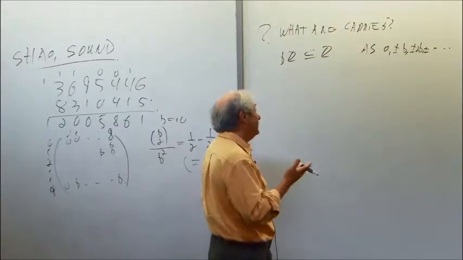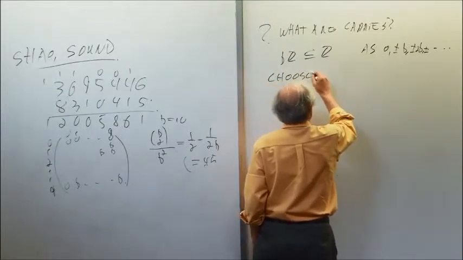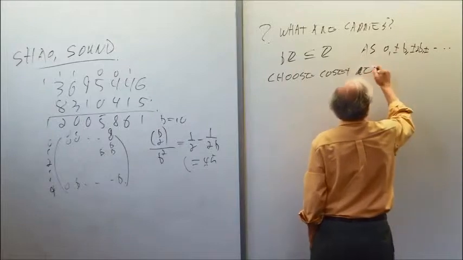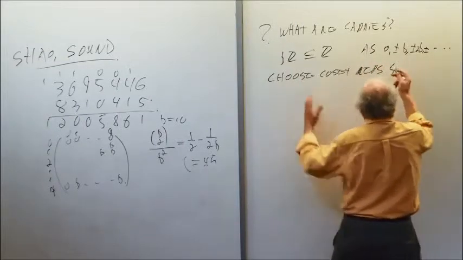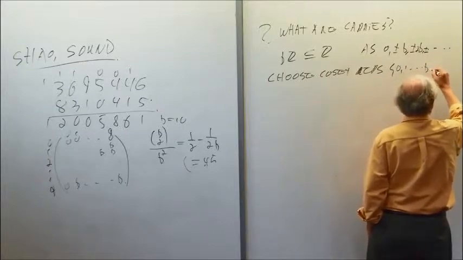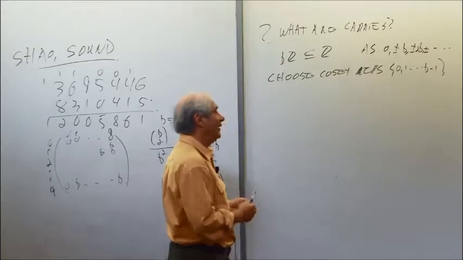And then you choose coset representatives. I'll choose the usual ones, 0, 1, up to b minus 1. What else would you do?